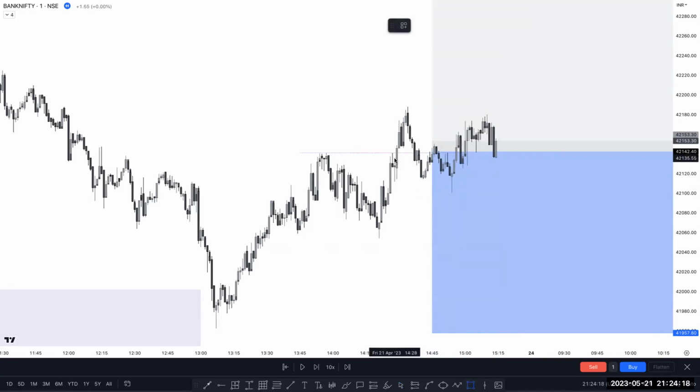Here you will see first POI is here at this point, and next one here, and third one is here. So basically in this single candle order block, you will see three order blocks. First one is here and next one is here and third one is here, right?